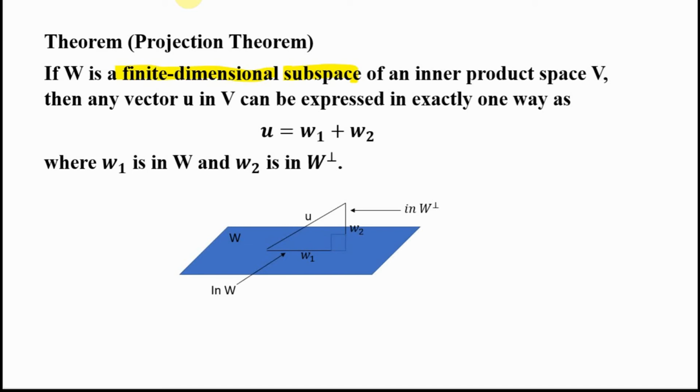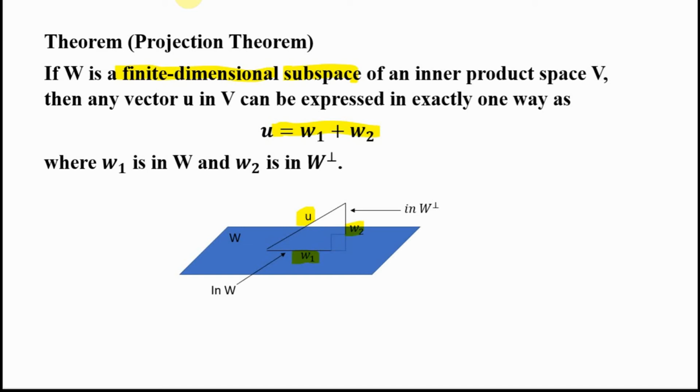So if that be the case, then any vector u in V can be expressed exactly one way, and that is that u is equal to w sub 1 plus w sub 2. So here this u has some kind of sum that sums up into the values of the legs of the particular triangle that is formed.